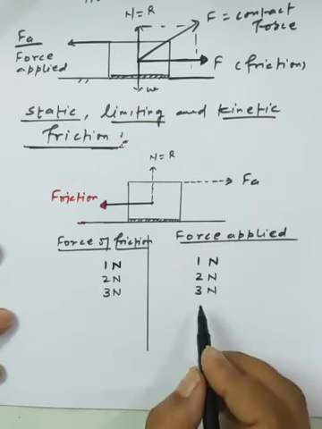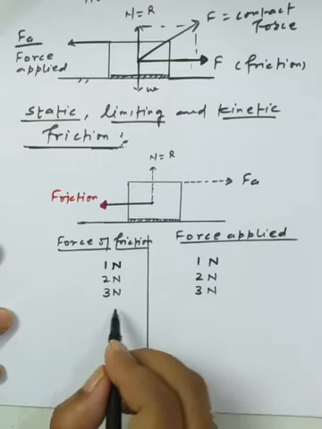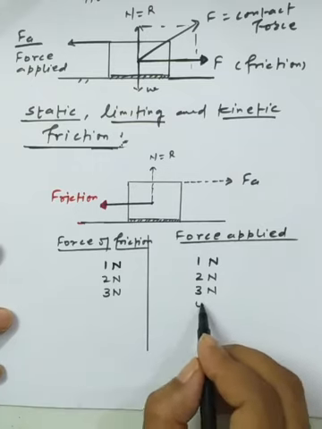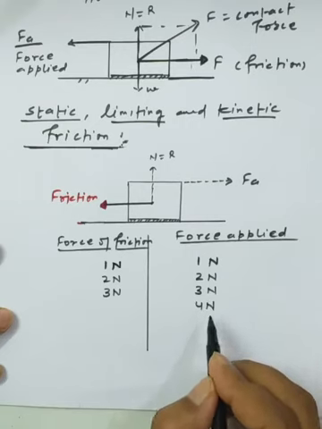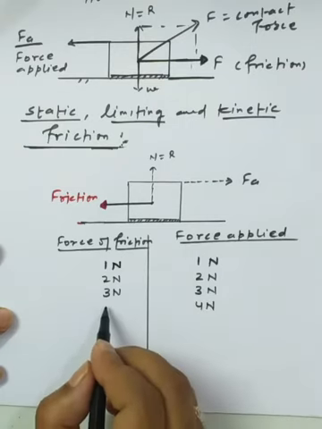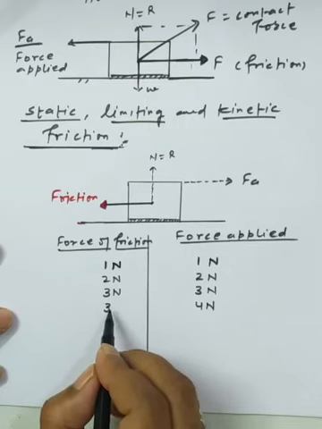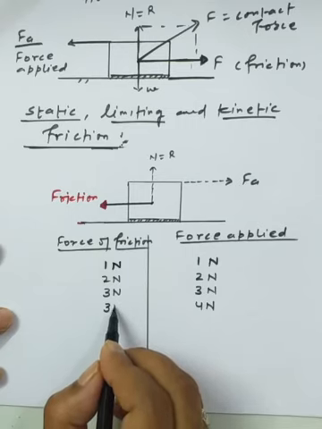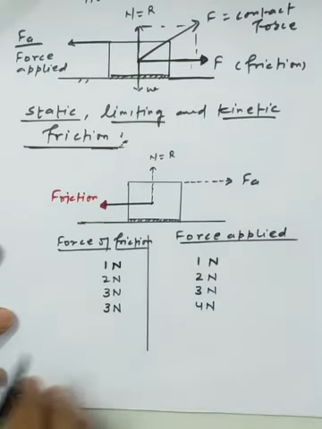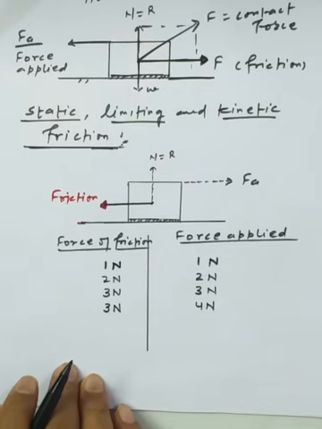Now we apply a slightly greater force, the applied force is 4 Newton, and here we have the limit, that is 3 Newton, because the magnitude of the force of friction can't increase along with the applied force.